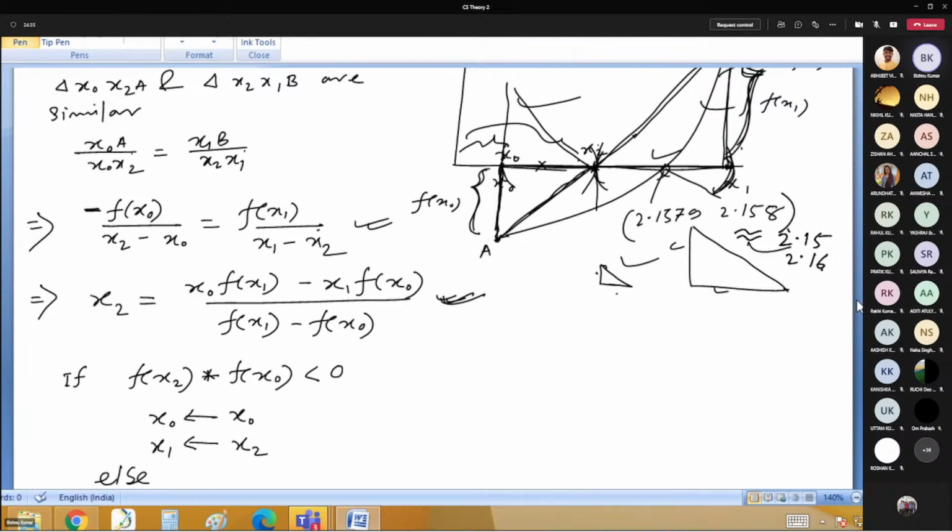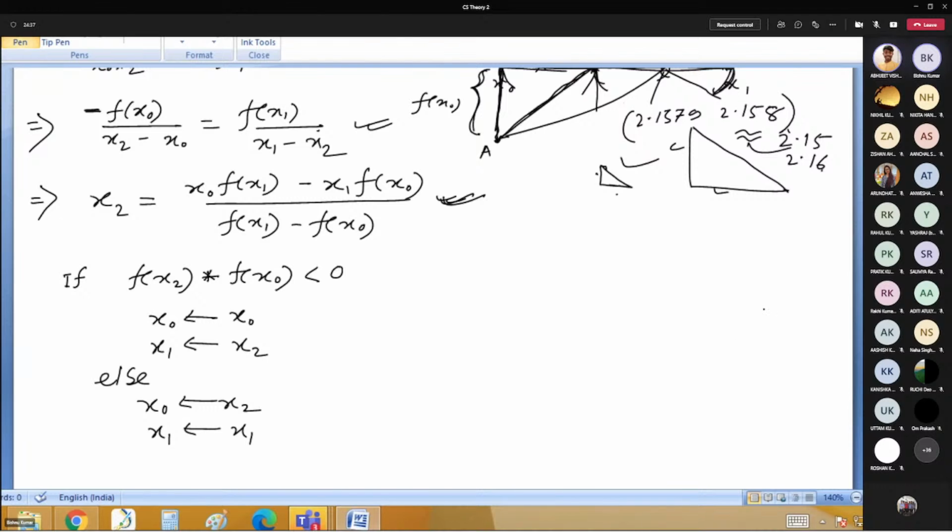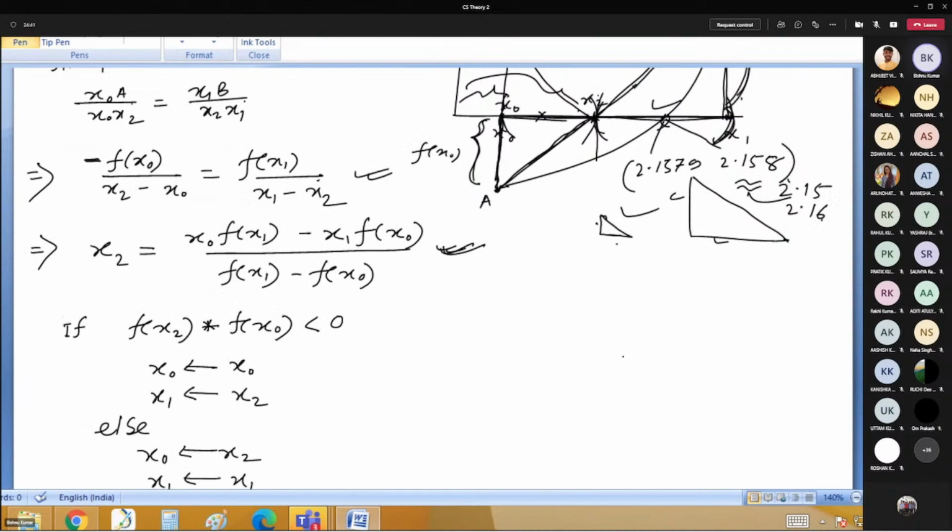Okay, if you have understood the bisection method, then after calculating x2, the calculation was simply the middle point. X2 you were calculating with the help of x0 and x1, such that x0 plus x1 by 2. That formula was simply x0 plus x1 by 2 in the bisection method.